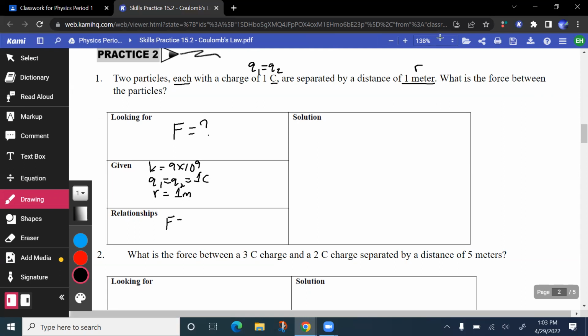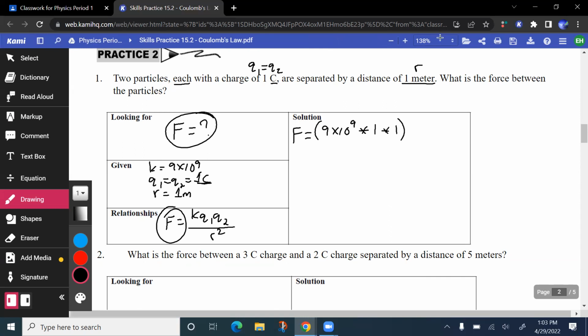The equation we're working with is K times Q1 times Q2 over R squared. Since we're looking for F and F is already isolated, go ahead and just start plugging in. Open parentheses, 9 times 10 to the 9 times 1 Coulomb times another 1 Coulomb.